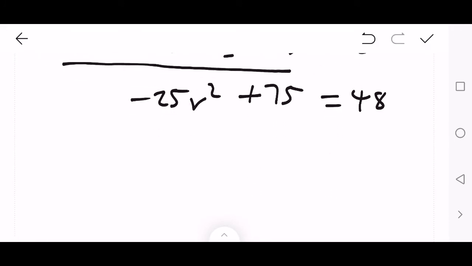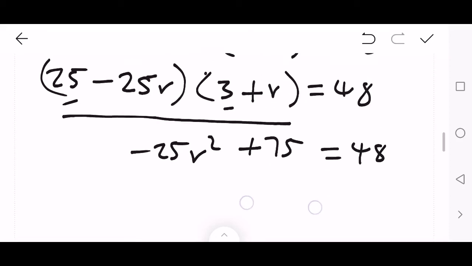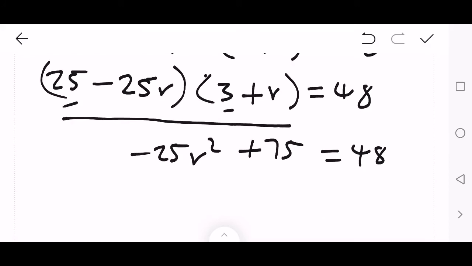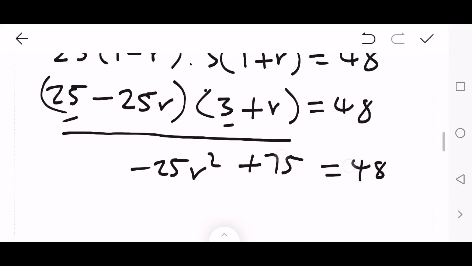So now in simplifying, I've made an error here. Sorry. So this will be 25 times positive 3r. That is 75 r squared.